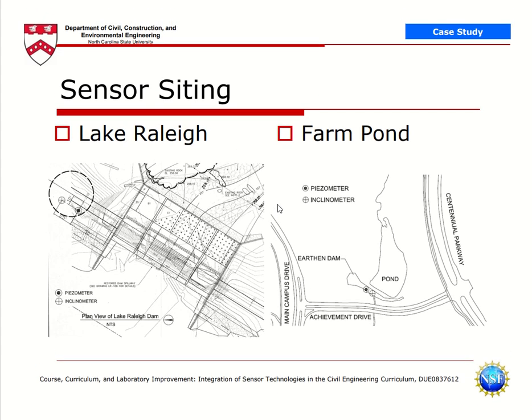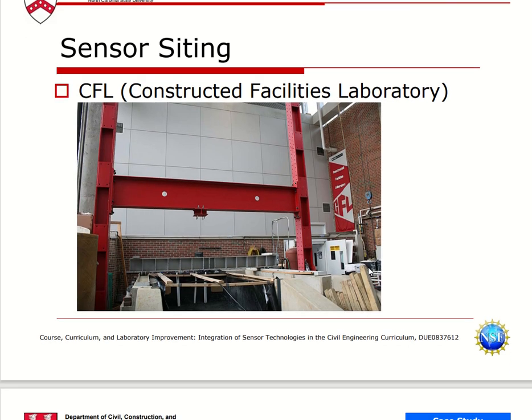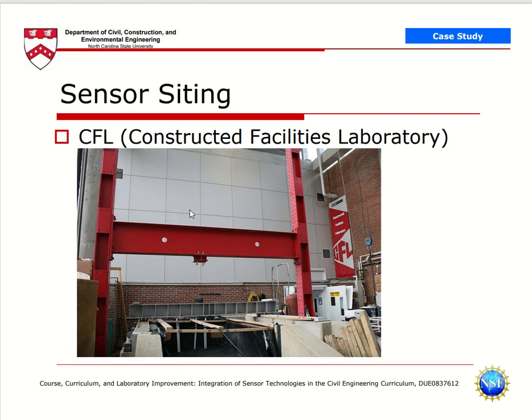So you can see the piezometer has been placed here. The inclinometer has been placed here. This is the lake, and this is the farm pond. Here's the piezometer. Here's the inclinometer. This is the earthen dam. And here is the CFL in which they have sited the final sensor.